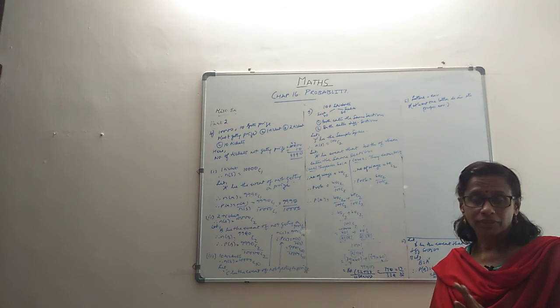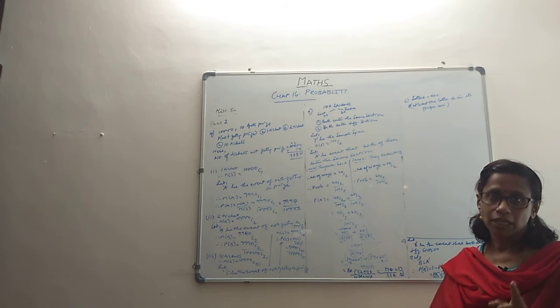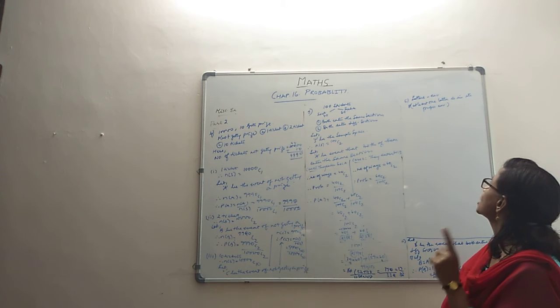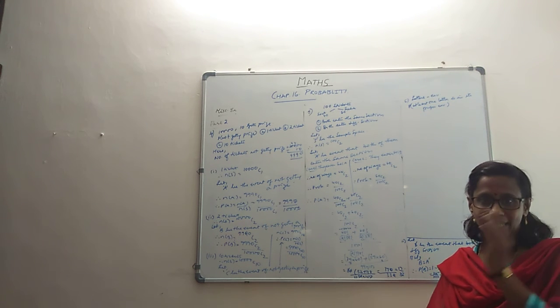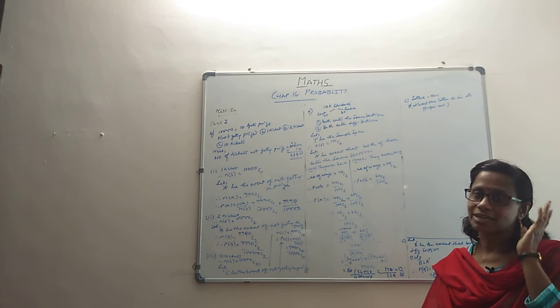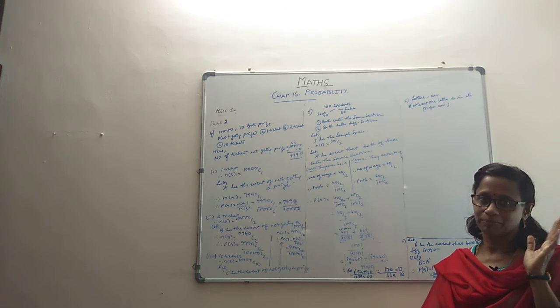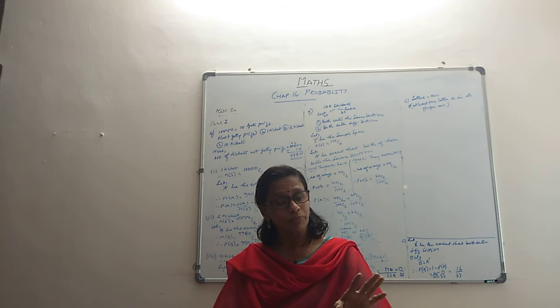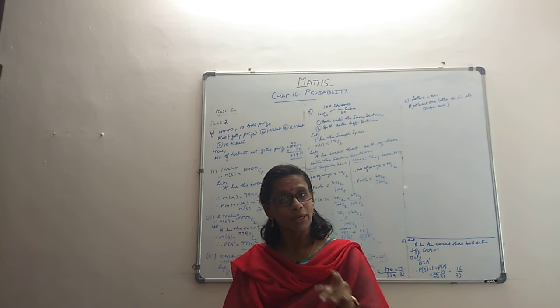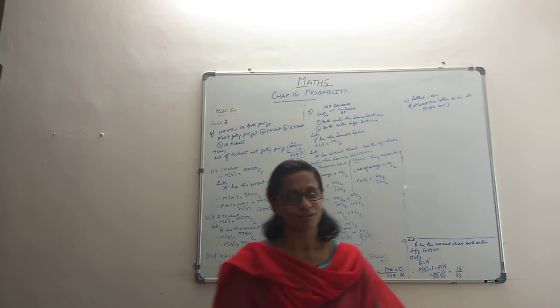So out of the different ways, find the probability of getting at least one letter in the proper envelope. You should find out all the cases where at least one letter has gone into the proper envelope. That is the question. See, you can also do this like this: no letter has gone in the proper envelope. You do that and do 1 minus, you will get the answer. That way also it's correct.